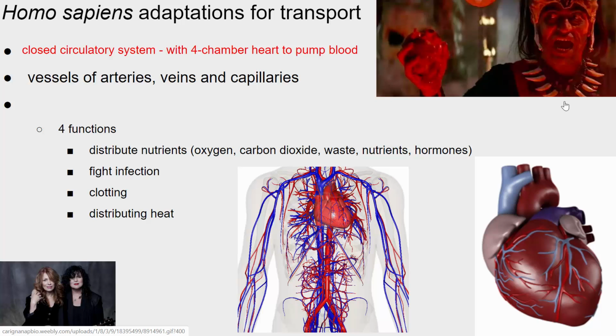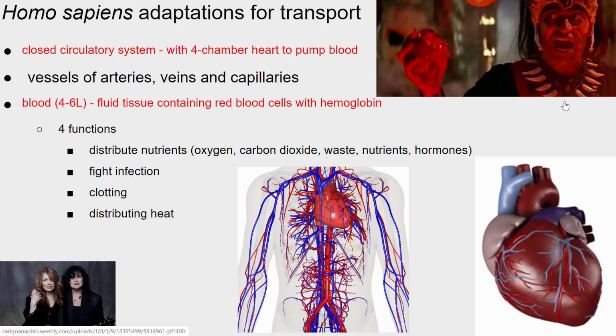So our circulatory system in humans consists of the heart, as well as arteries, veins, and capillaries, and our blood. We have about 4 to 6 liters of blood, a gallon and a half or so, throughout our body. And our blood is actually considered a tissue. It's several types of cells working together, so it's a tissue.